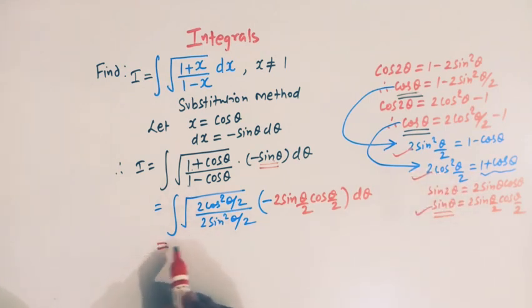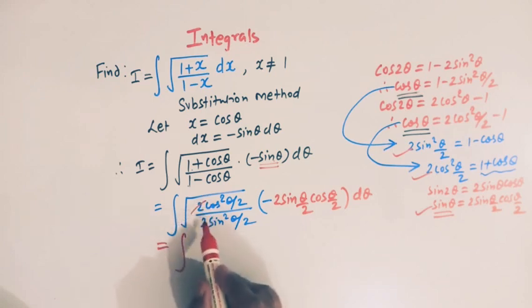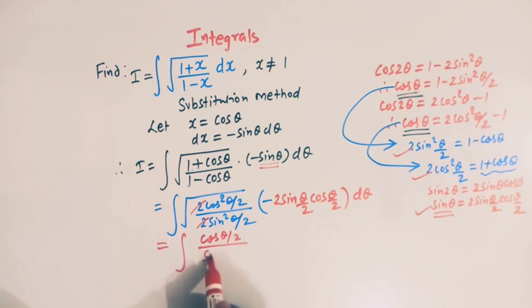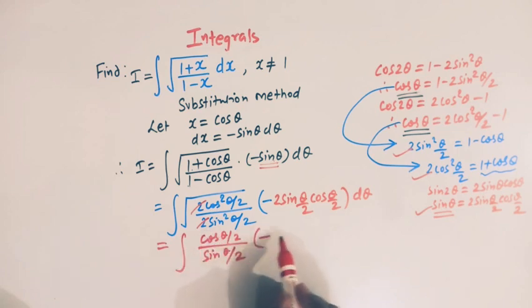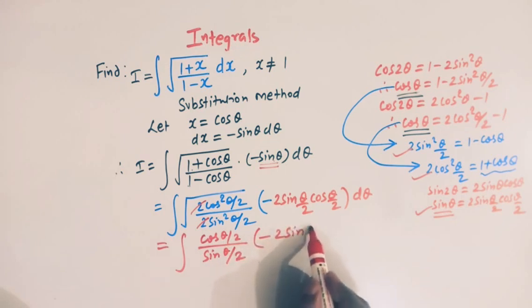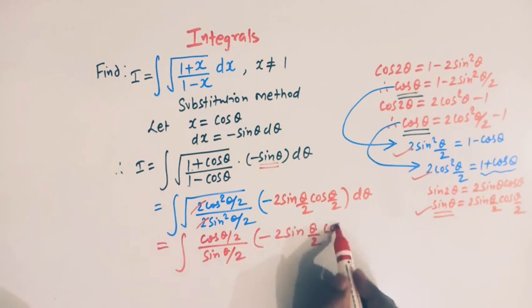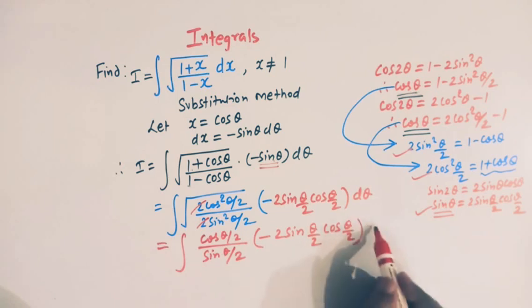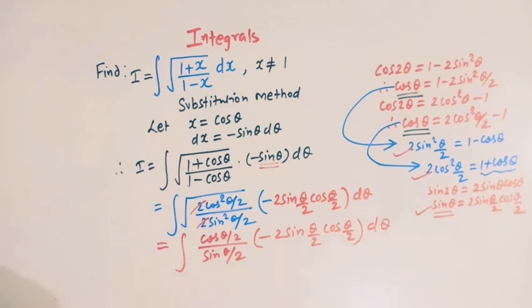Okay, so now we have 2 and 2 get cancelled, so we have cos theta over 2 divided by sine theta over 2, and here we have minus 2 sine theta over 2 cos theta over 2 d theta, right? Okay, so now here we see that this term and this term get cancelled, right?